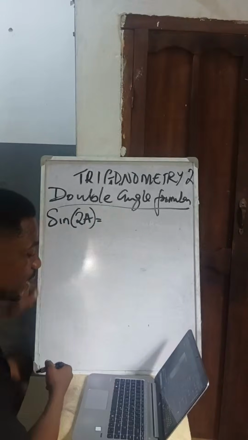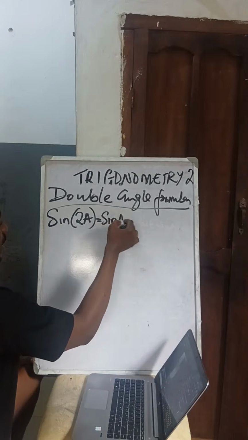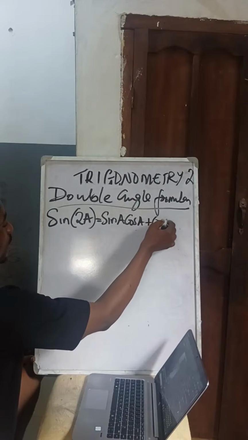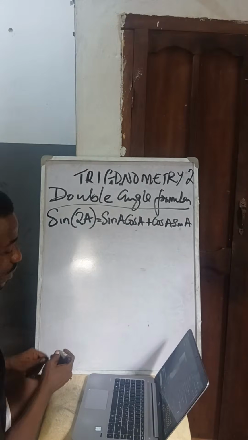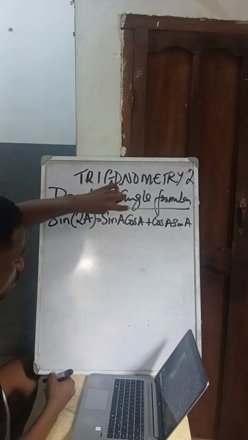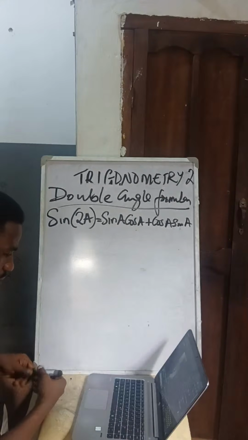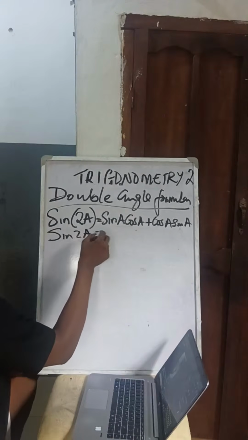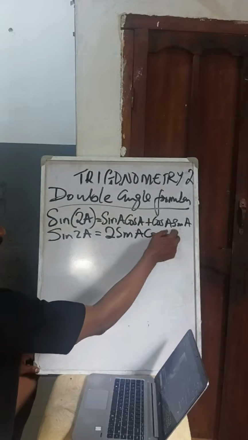Sine 2A means that we repeat the same thing: sine A cos A plus cos A sine A. Have you seen it? Double angle formula. This is just like the A plus B we did, where A is equal to B. We now have 2A, since A plus A is 2A. So sine 2A is equal to 2 sine A cos A.